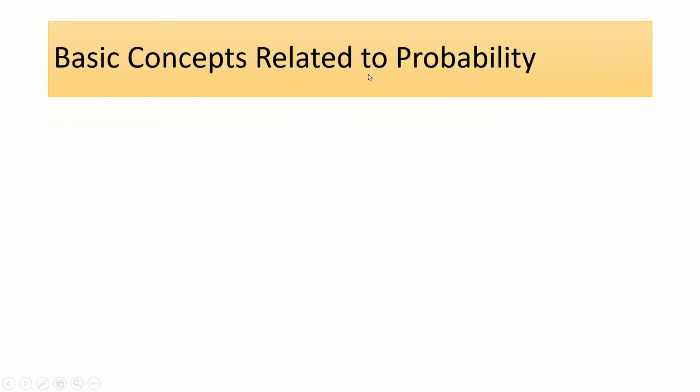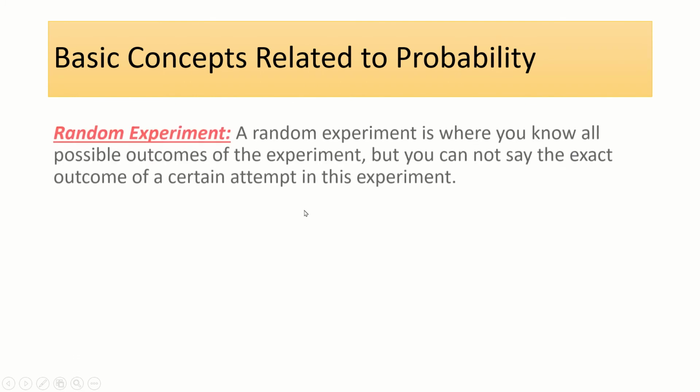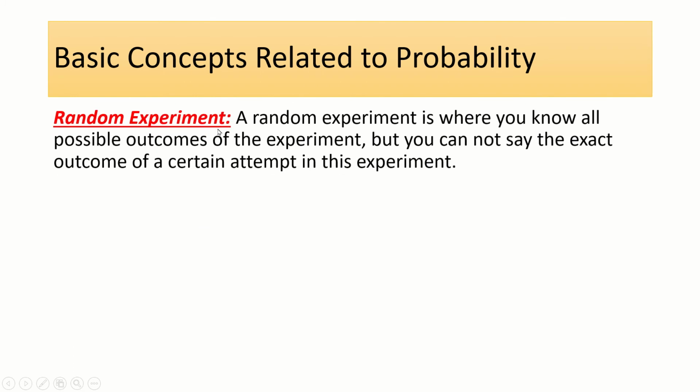Now, basic concepts related to probability. Random experiment: a random experiment is one where you know all possible outcomes of the experiment, but you cannot say the exact outcome of a certain attempt in this experiment.